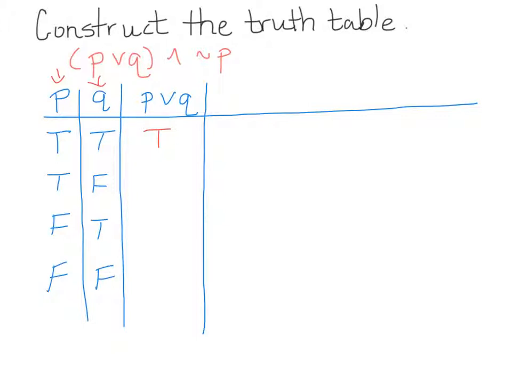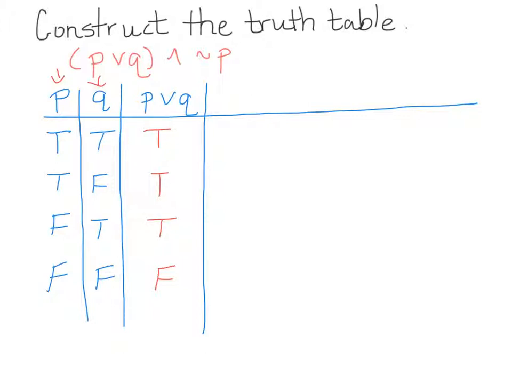True or false is true. False or true is true, but false or false is false. It's only false if both are false for the or.